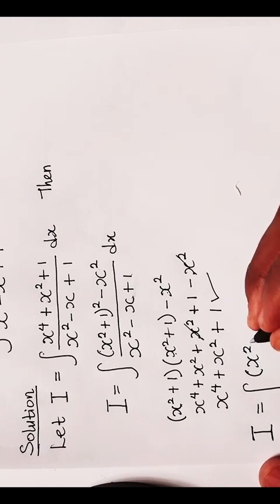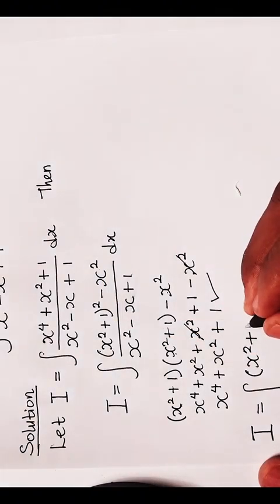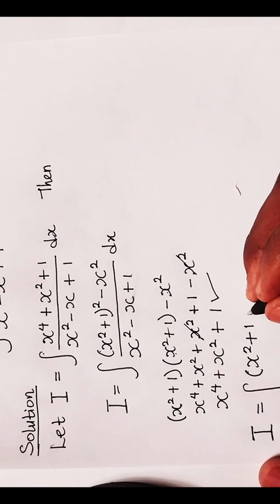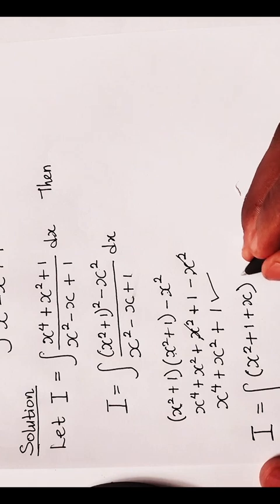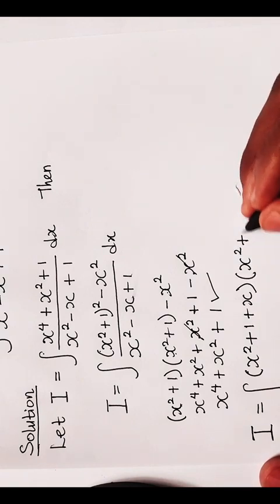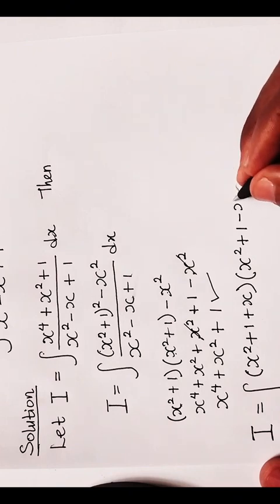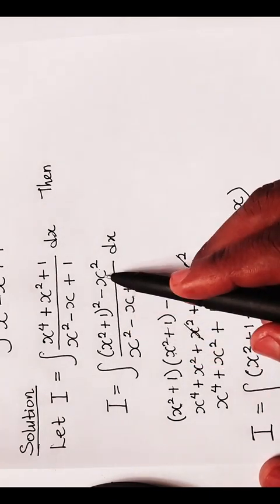x^2 + 1 + x multiplied by x^2 + 1 - x. So what we have here is still the same thing as this.